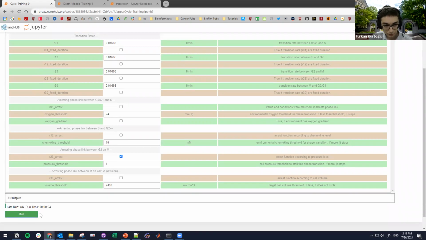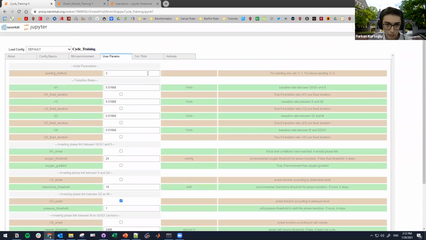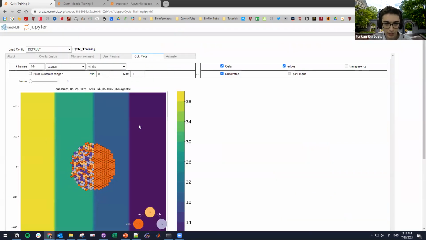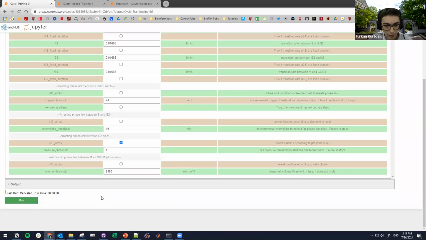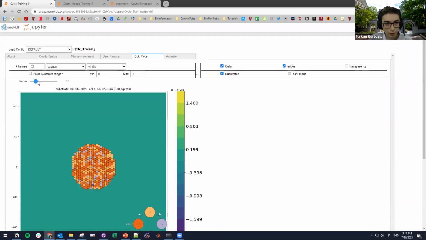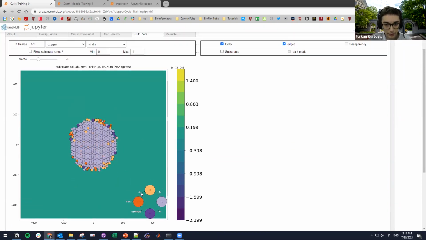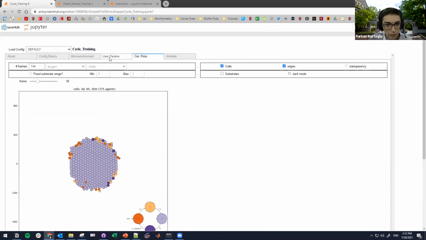So here, I just gave the pressure as 1. Okay, let me go here. So what we are seeing is here, the fourth cycle cannot actually go to here.